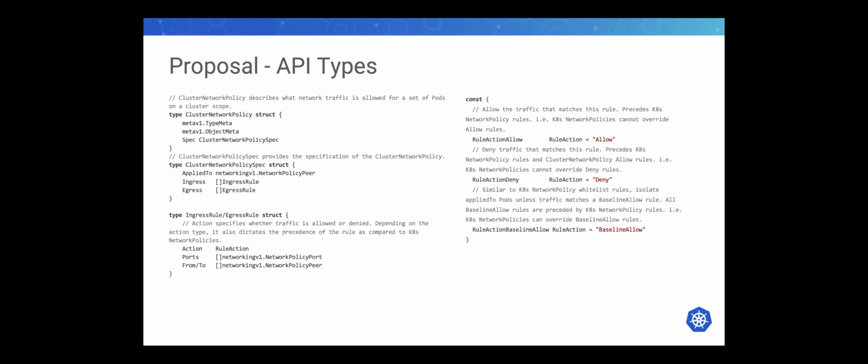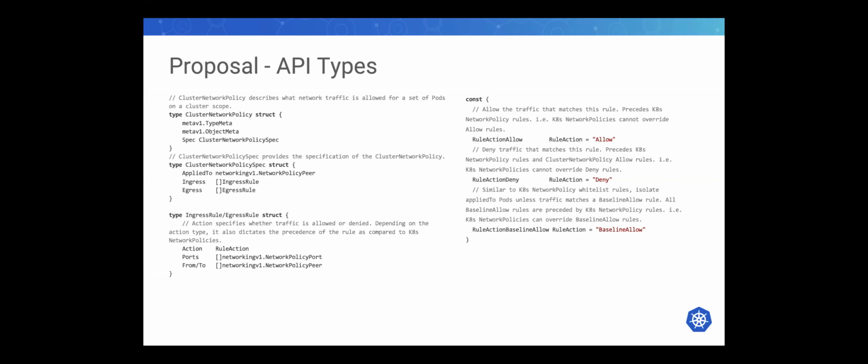Having said that, this is the new cluster network policy resource, similar to the Kubernetes network policy. It has a spec, which is a cluster network policy spec. We could also do a status, if Dan Winship's proposal gets more clarity and people are accepting of that.